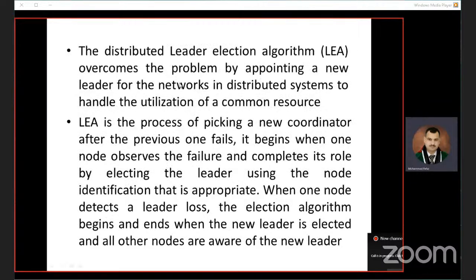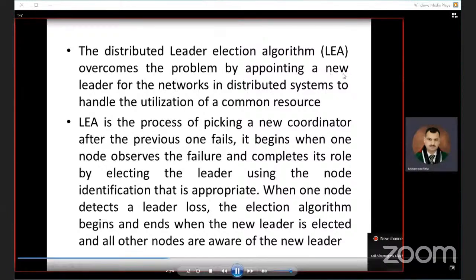The distributed leader election algorithm overcomes the problem by appointing a new leader for the network in distributed systems to handle the utilization of a common resource. Leader election algorithm is the process of picking a new coordinator after the previous one fails.